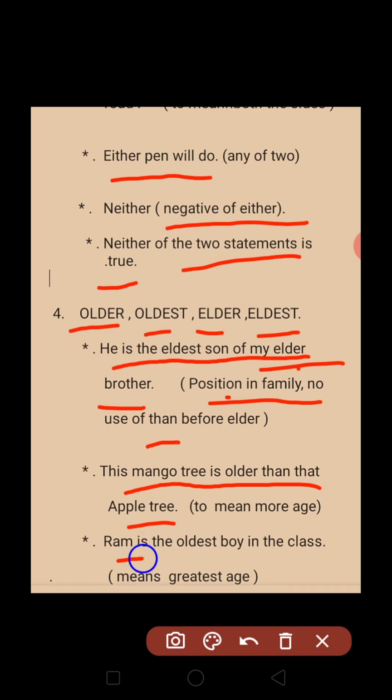Next, Ram is the oldest boy in the class. So in a class, oldest has been used here, not eldest, because there is no family relationship or position. It means the greatest age. Ram is the highest in age in the class.